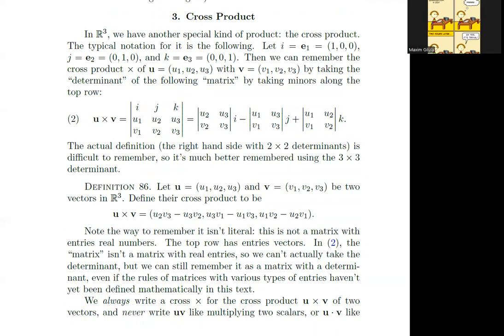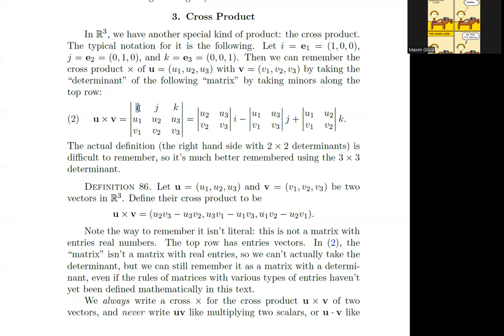And then we could talk about cross product. In R3, there's another kind of product, and it's really special to R3. It's called the cross product. So first, let's talk about some notation. You let I be 1, 0, 0, J be 0, 1, 0, and K be 0, 0, 1. So you could remember what the cross product of two vectors is by taking the determinant of the following matrix.